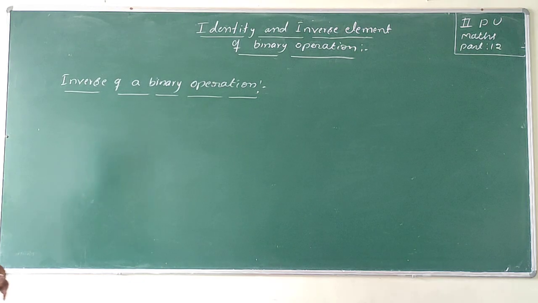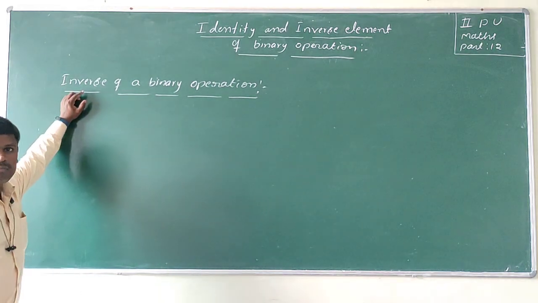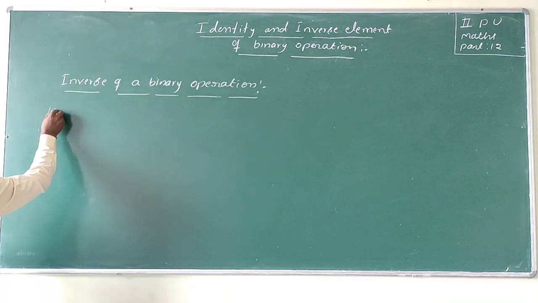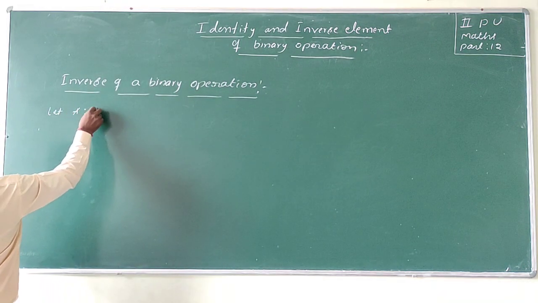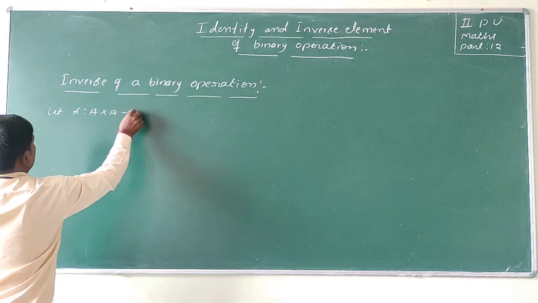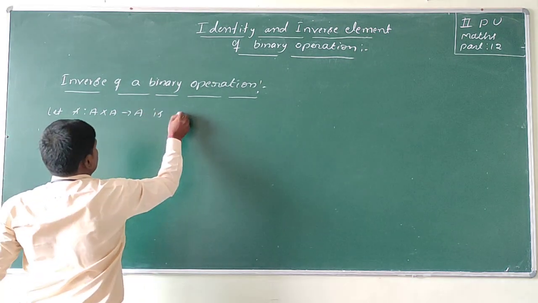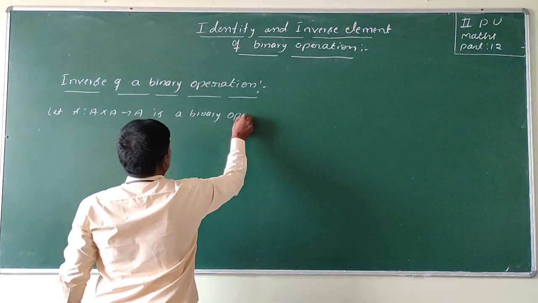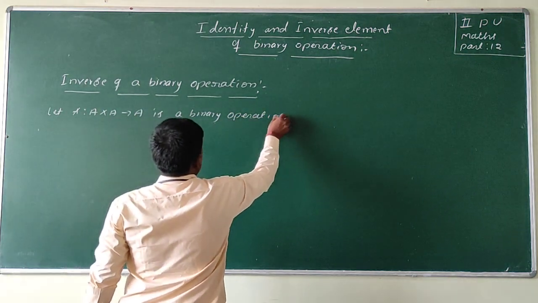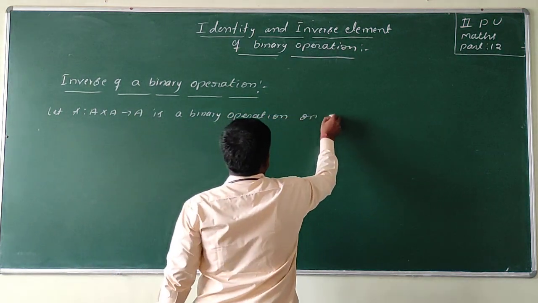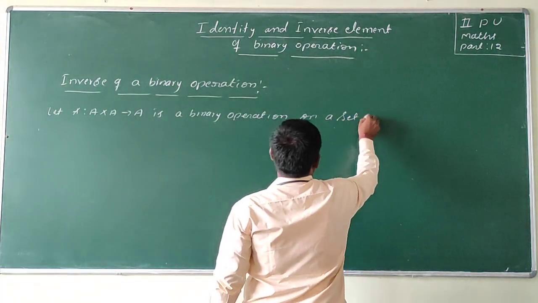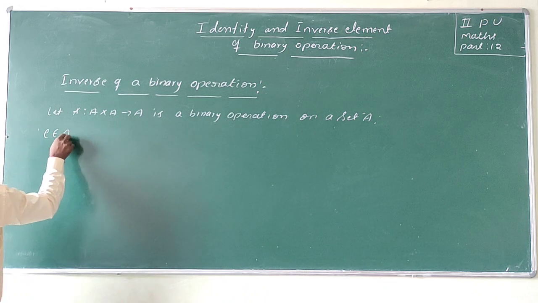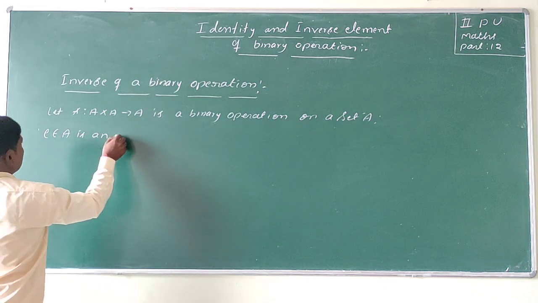So next we discuss the inverse of a binary operation. Star is a mapping from A cross A to A, a binary operation on a set A. E belongs to A is an identity element.